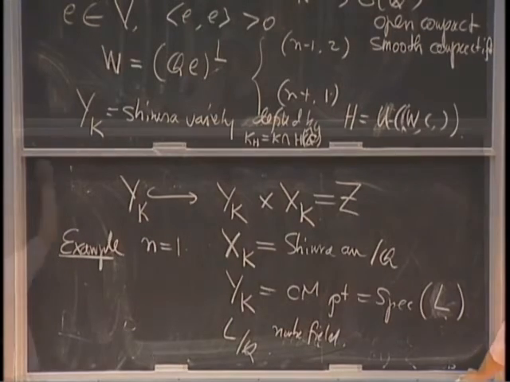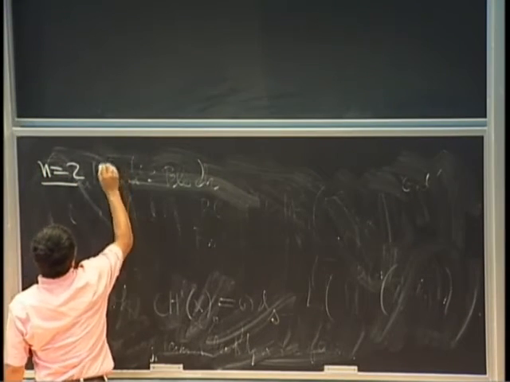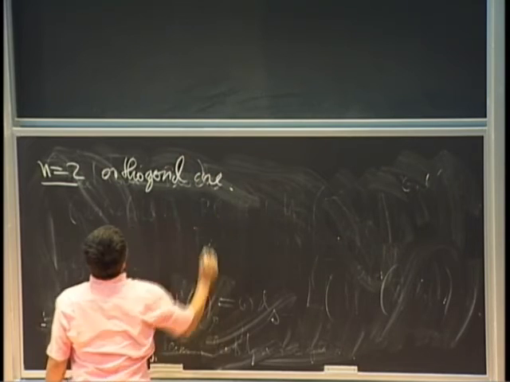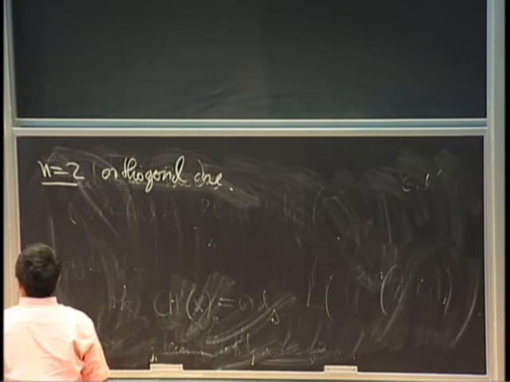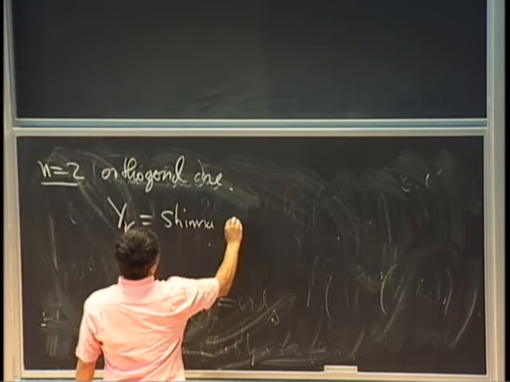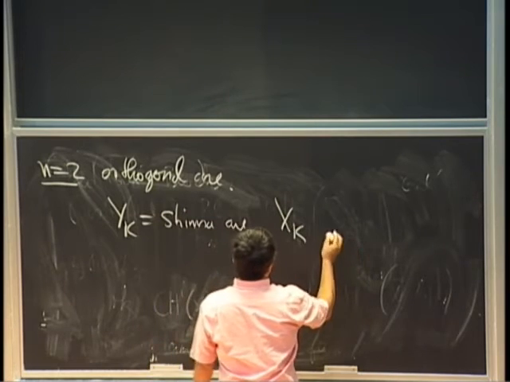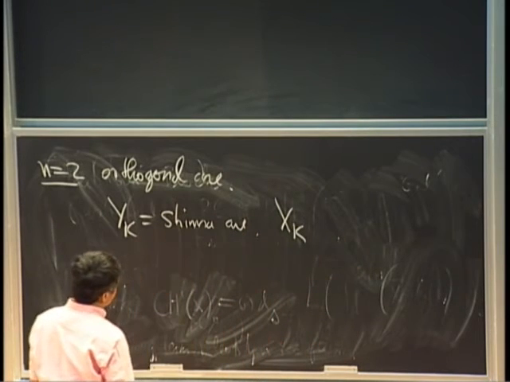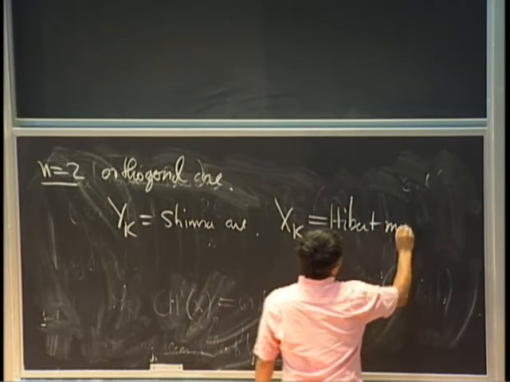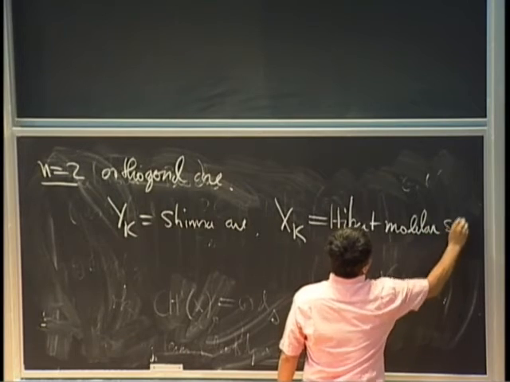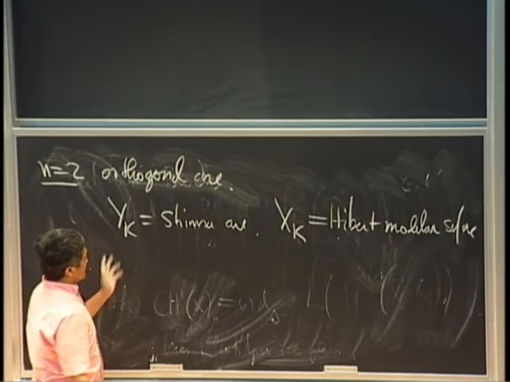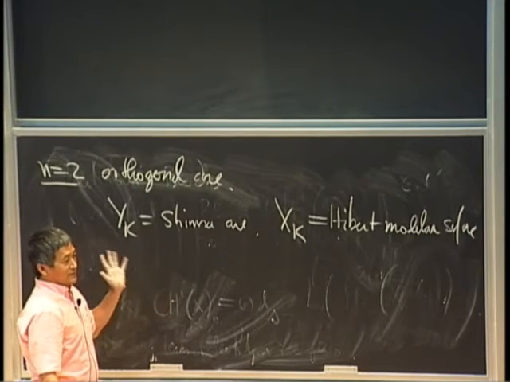So when n equals 2, in the orthogonal case, Y_K is a Shimura curve and X_K is a certain twist of a Hilbert modular surface. So you are talking about a Shimura curve times the Hilbert surface, diagonally embedded.